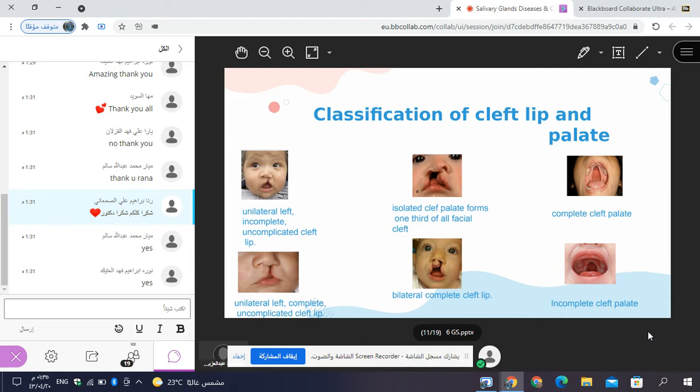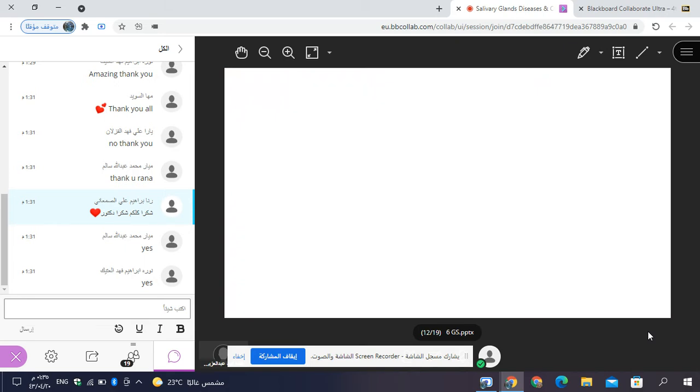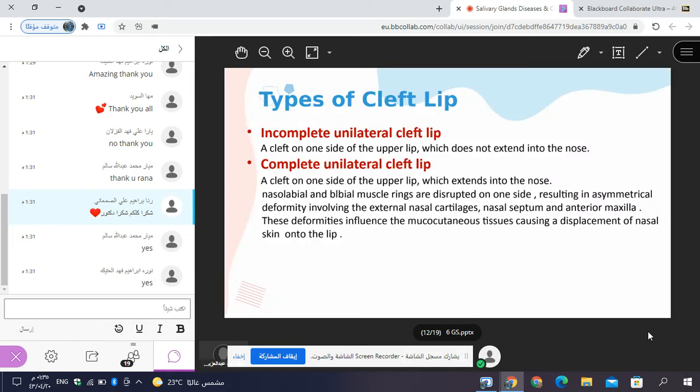We have unilateral, in the first picture, unilateral left incomplete cleft lip, and in the second line, unilateral complete cleft lip. Incomplete unilateral cleft lip means a cleft in one side of the upper lip which doesn't extend to the nose.